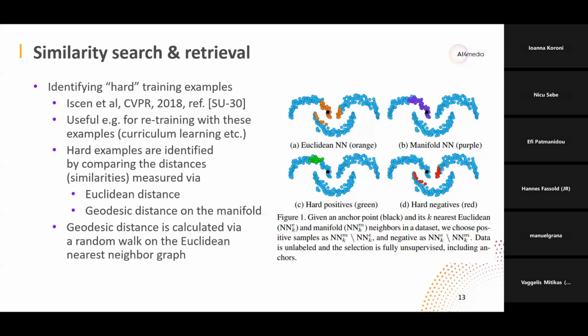So really a clever thing. And what they are also doing, which I also saw in a couple of papers, because often this geodesic distance is not so easy to compute, is that you can compute it approximately by doing a random walk on the Euclidean nearest neighbor graph. And that's also a nice thing which works also for complicated manifolds.